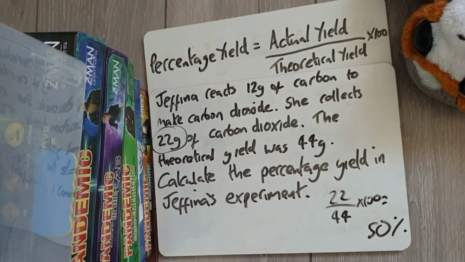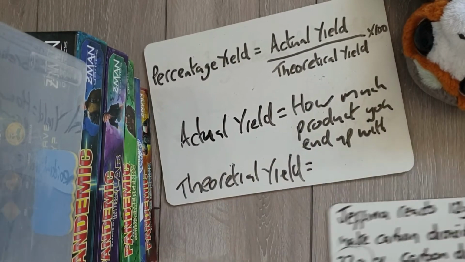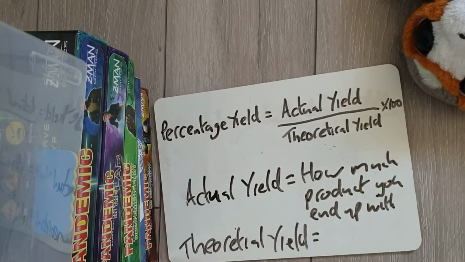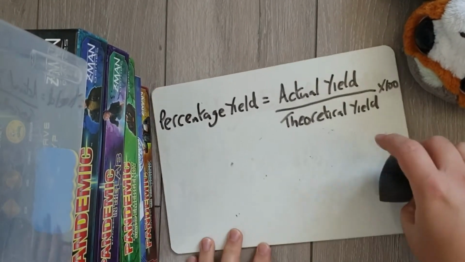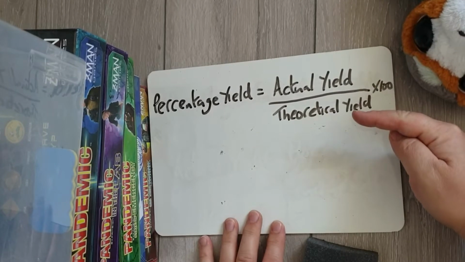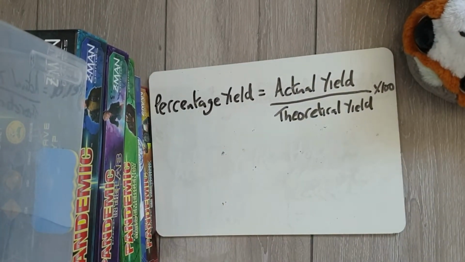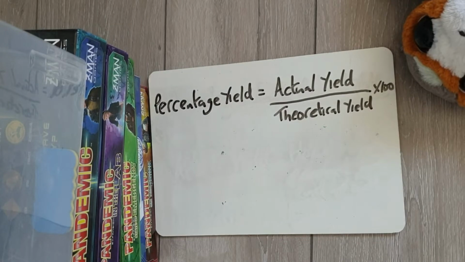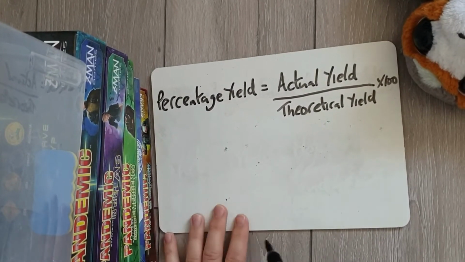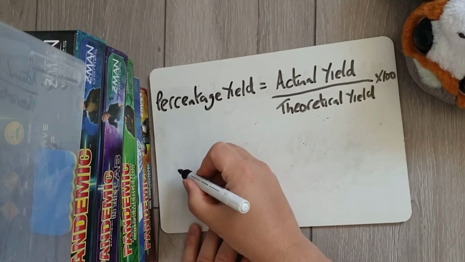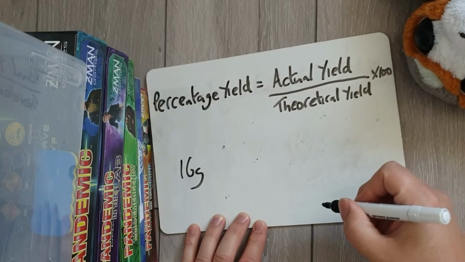And there are two types of percentage yield questions. The first one looks really similar to this. They give you the actual yield, they give you the theoretical yield, and they're asking you for a percentage yield. Really nice, simple, straightforward. So let's say Franklin manages to make 16 grams of product.